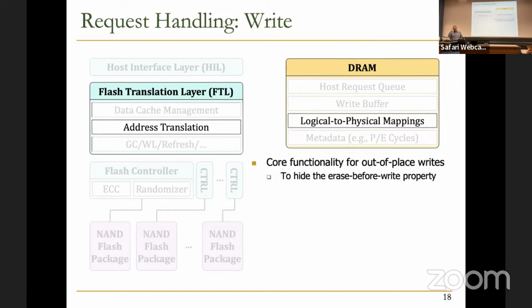Another operation in the FTL is address translation. We're going to learn a lot about it today, but one of its core functionalities is for out-of-place writes. Whenever you receive an update inside the SSD, you don't update the same location that you have written. You need to find another location and write to that. That's why we call it out-of-place writes.